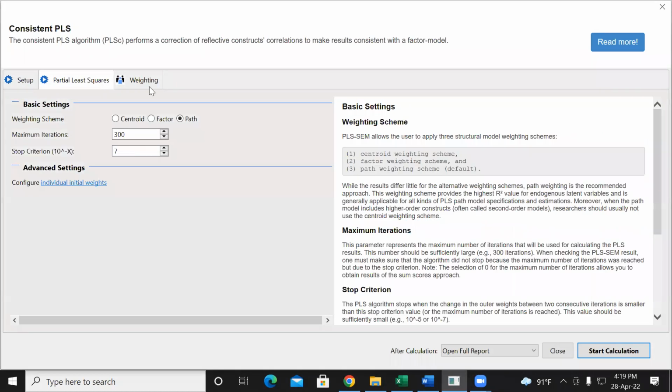Now I assume I have developed and improved the model. In the last 2 weeks, we talked about developing the measurement model, removing some of the indicators which had poor factor loadings, and also low correlation with reference to Cronbach alpha and the composite reliability. We removed some of the items. Therefore, now I assume I have improved the model.